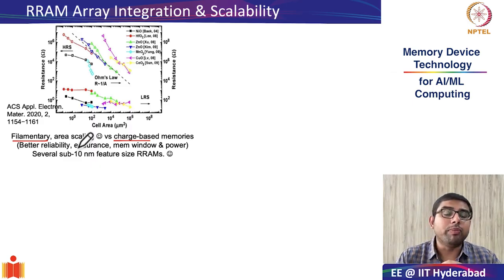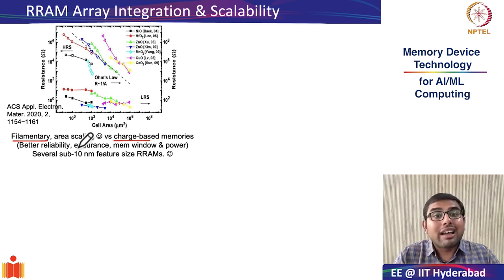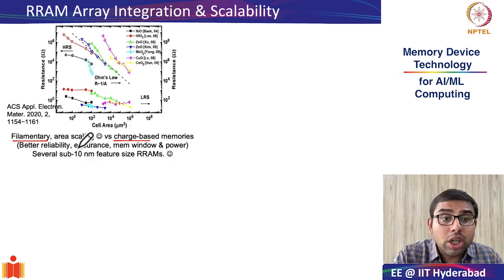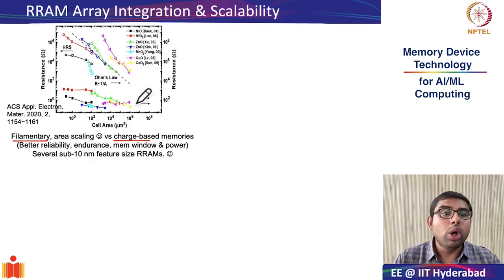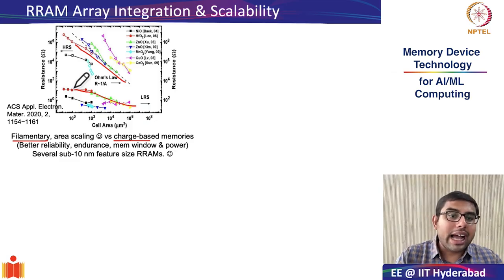Why does this happen? We see better reliability because in a smaller cell area, the chances of defects occurring randomly also reduce, and therefore reliability and endurance also improves. In the case of memory window, as you can see, both the high resistance state and low resistance state increase as we reduce the channel area.